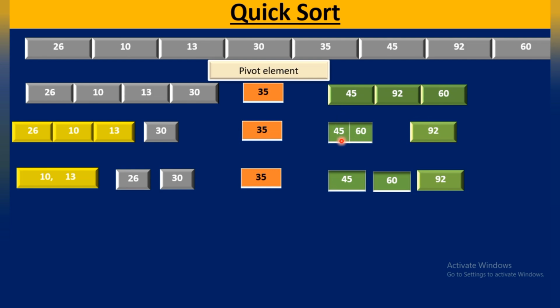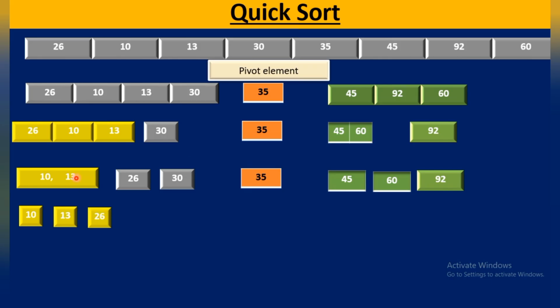Is it possible to understand? Yes, because if you partition like this, all the elements will finally be arranged in ascending order. See 45, 60, 92. Can you notice it is in ascending order? 92 is the highest element, isn't it? Now you sort the left side for the conclusion. The next bigger element is 13, friends, so I am removing 13.